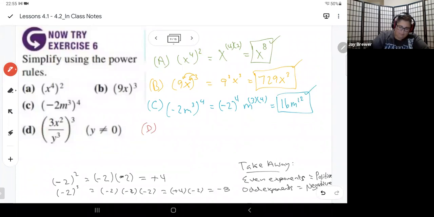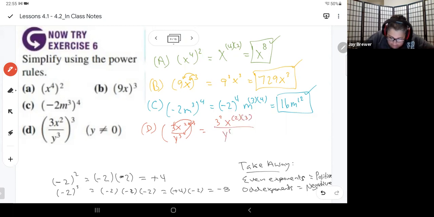D. For D, we're going to take this cube, and it's going to go to each piece: to the 3, to the x already squared, and to the y already cubed. So it's going to be 3 squared times x to the 2 times 3 over y to the 3 times 3.